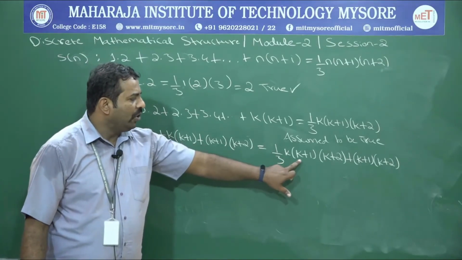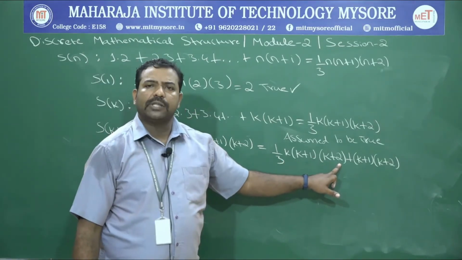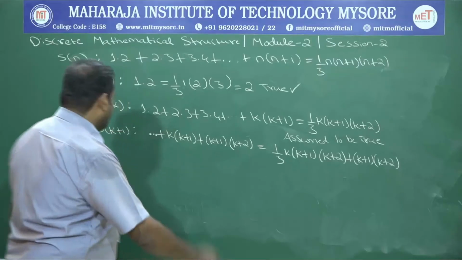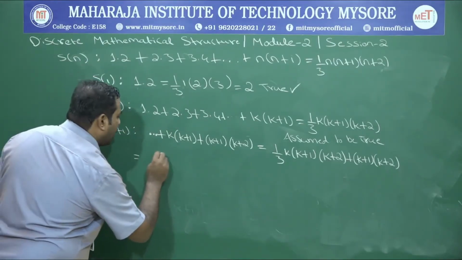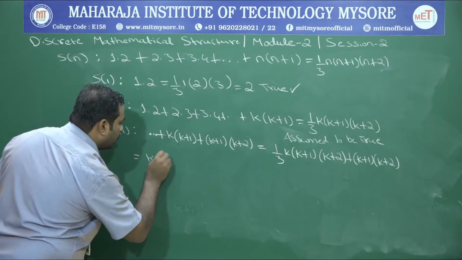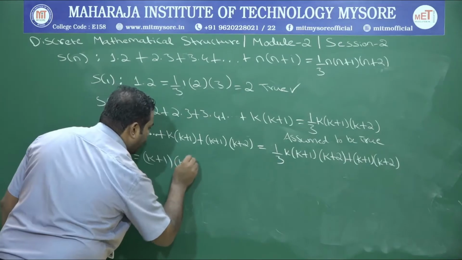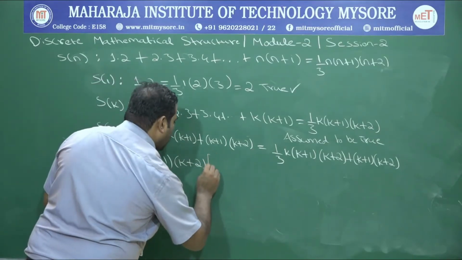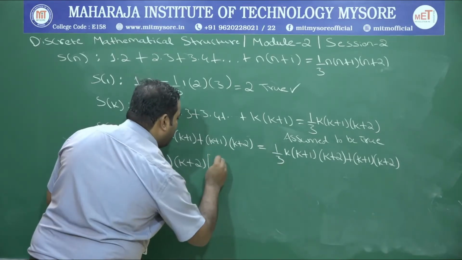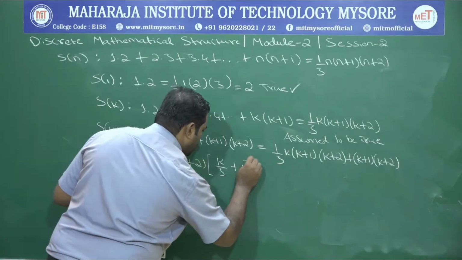So now I am going to take k plus 1 into k plus 2 as the common factor, and so equals k plus 1 and k plus 2, I am going to take as a common factor, hence I am going to take k by 3 plus 1.